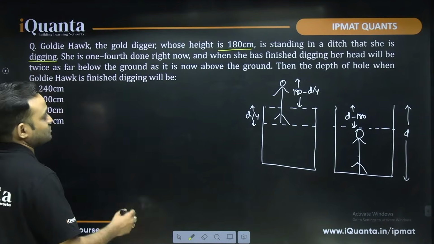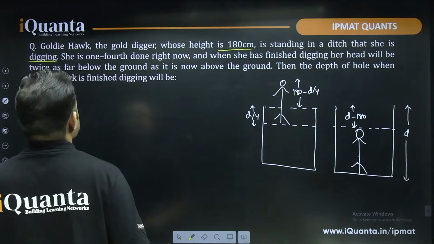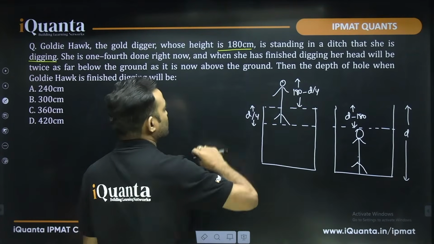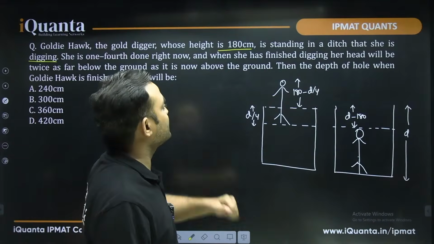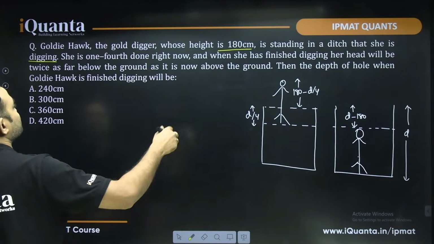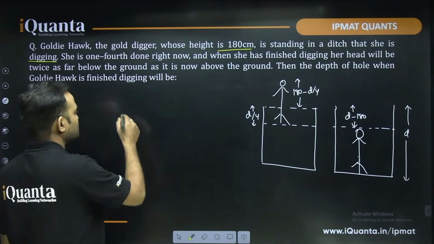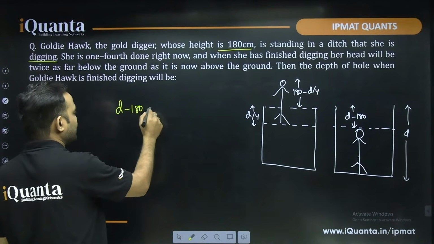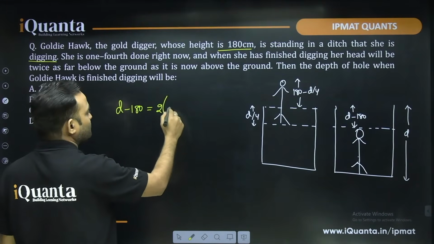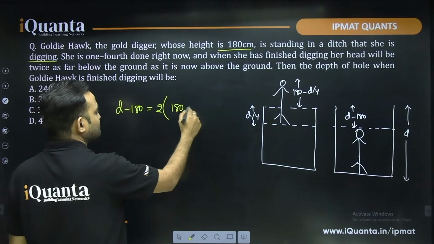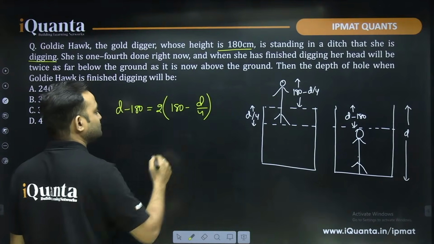What we can say according to the question, that she is done 1/4 right now. When she has finished digging, her head will be twice as far below the ground as it is now above the ground. So D minus 180 is equal to twice of 180 minus D by 4, right?